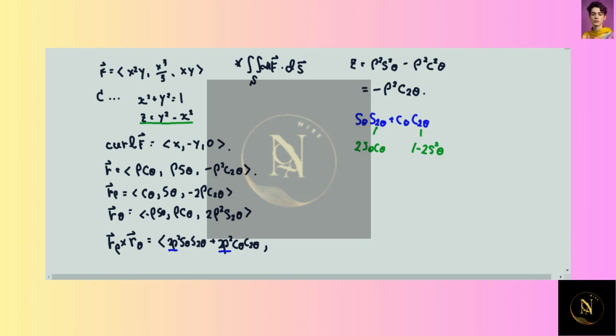When you do that, you can see that it simplifies significantly, and it just turns out that this is equal to cosine theta. So using this idea, this expression right here is simply equal to 2 rho squared cosine theta.